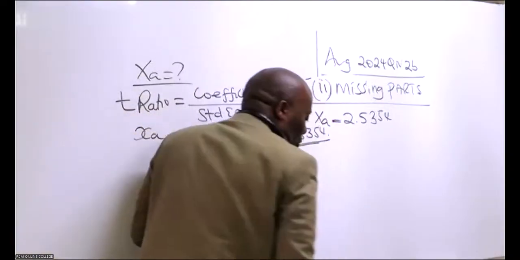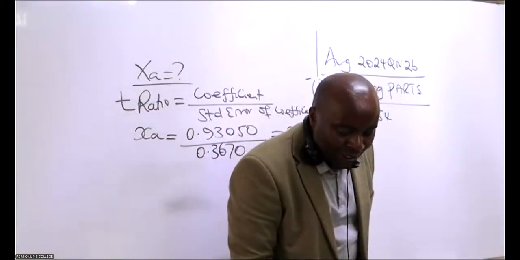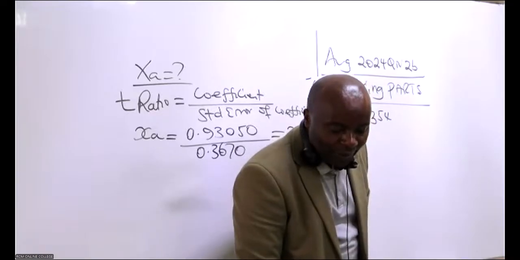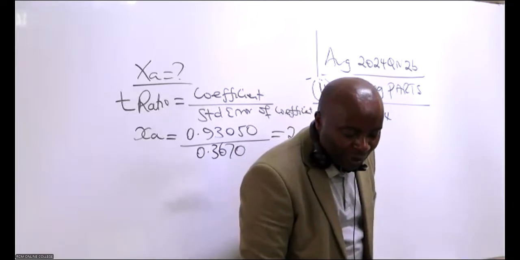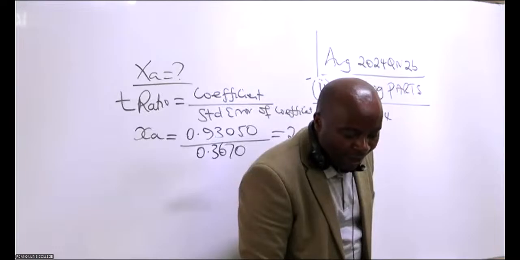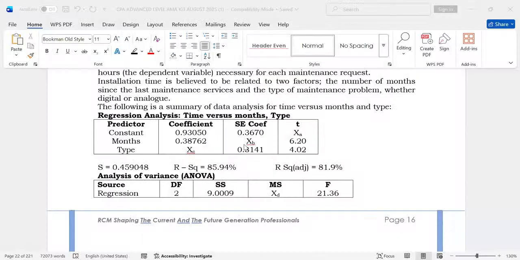And then now we can go to the second missing metric. The second missing metric, ladies and gentlemen, it is XB, isn't it? And still we're going to use the T ratio formula.